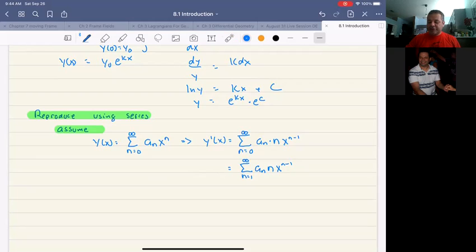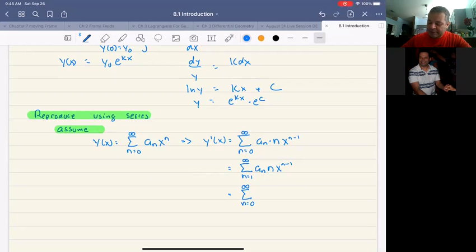But then we can also shift it back, and put it on the same terms as y. So this means this is the sum, n goes from 0 to infinity, and we're just going to shift everything up by 1. The way I think about this is my first term here is a sub 1.